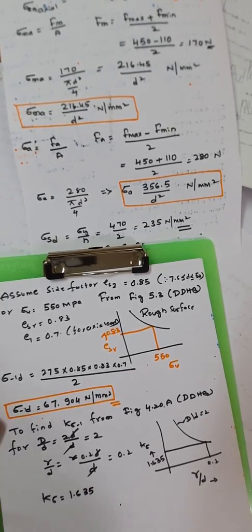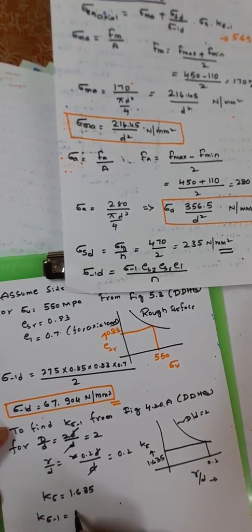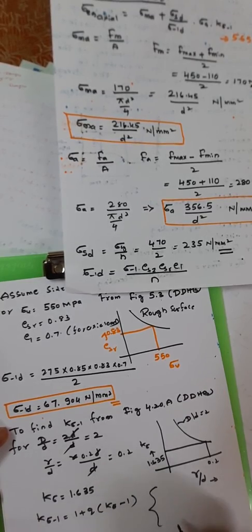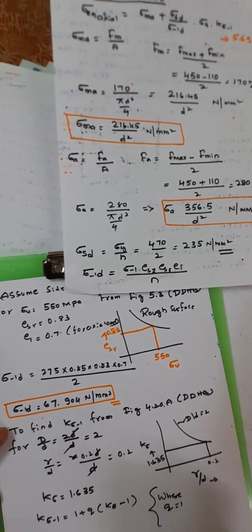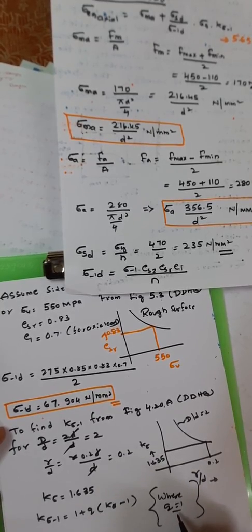Next we need to find K sigma minus 1. For that we have an equation: K sigma minus 1 is equal to 1 plus Q into K sigma minus 1. Here Q is equal to 1, the notch sensitivity factor given in the problem.